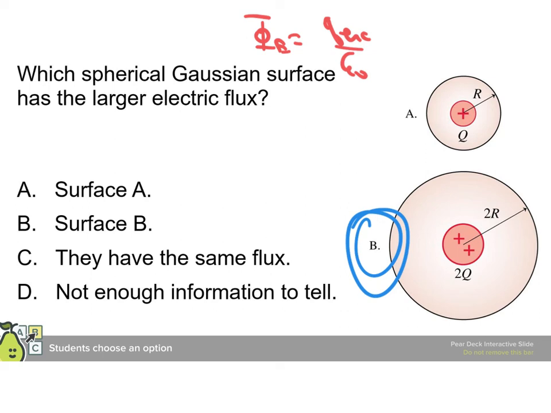Kind of interestingly, if they had reversed the case, if there had been a case of here are our Gaussian surfaces, and here is 2q, and here is only 1q, then this would have had more flux, even though it's much smaller in terms of area.